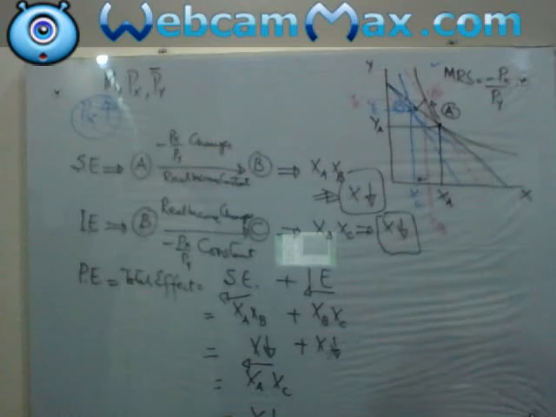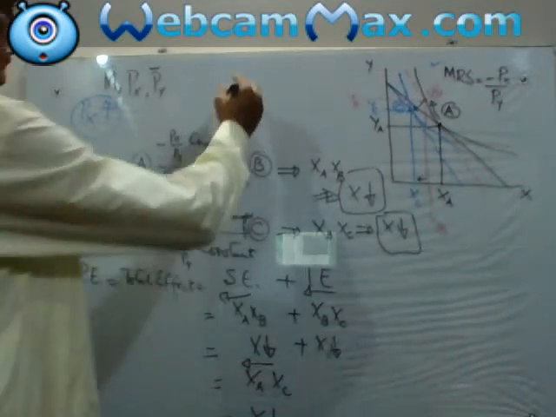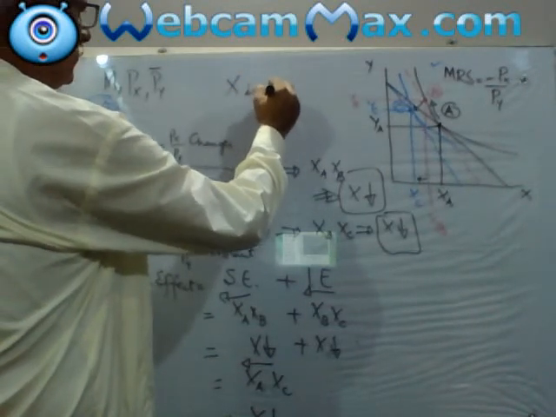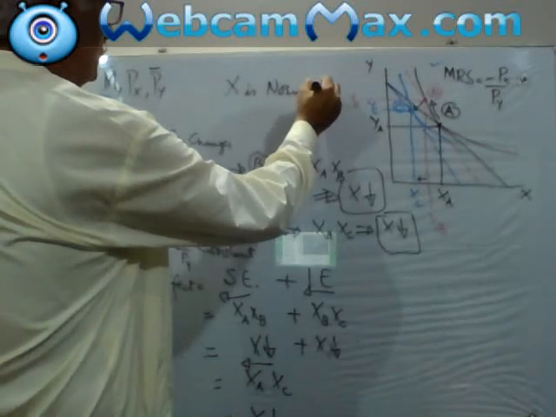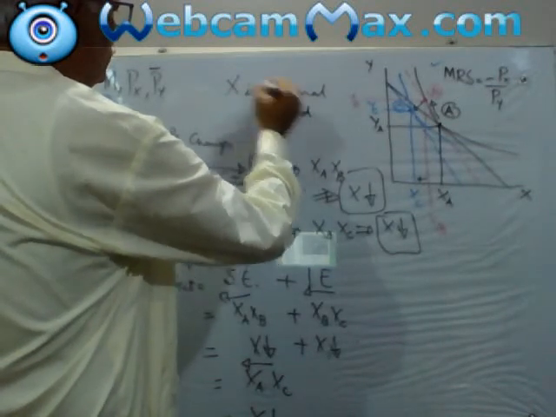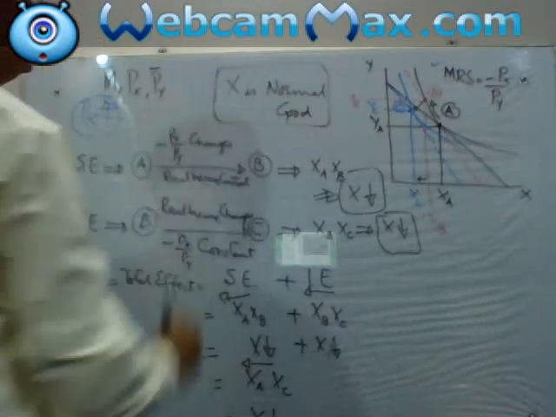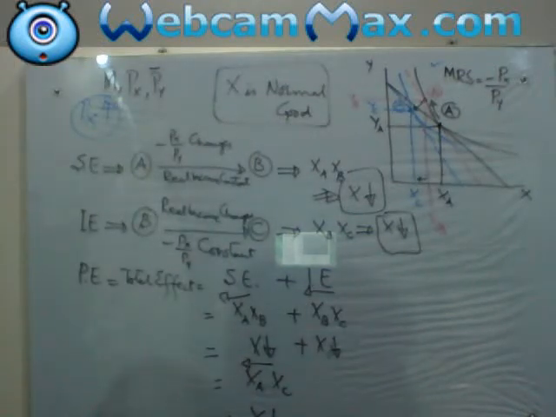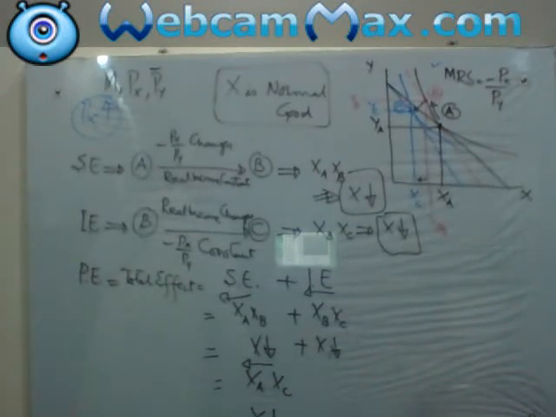On the basis of this, we say that X is a normal good. So that is the case for how an increase in the price of X is going to affect the consumption of X, taking into account the changes in real income and the price ratio.